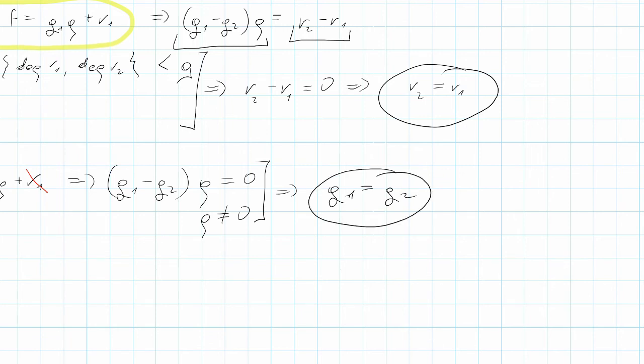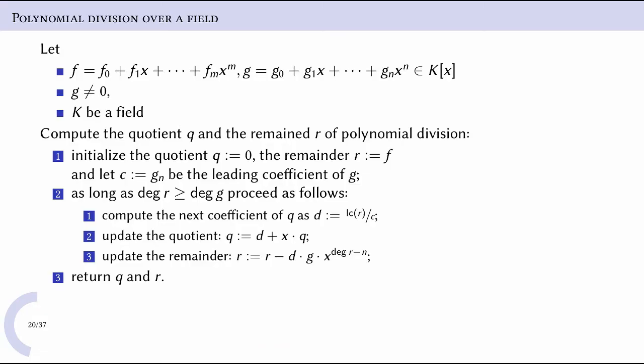So this actually proves that the polynomials Q and R are unique. This way we proved the proposition.